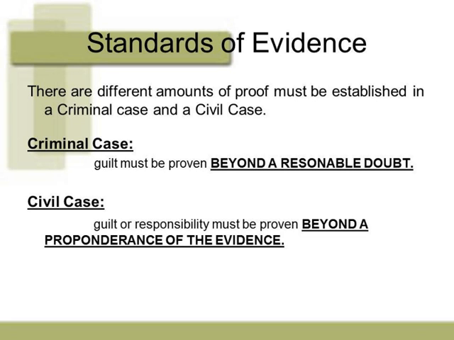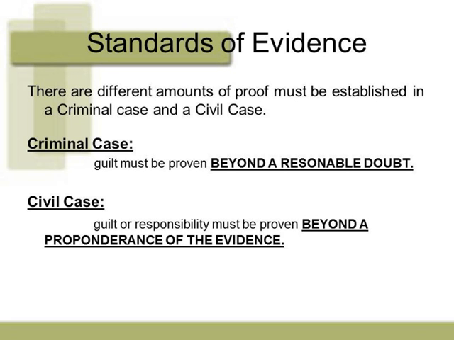If less than 50% of the evidence shows I did it, then I'm supposed to be found not responsible. But if there's one more piece of evidence showing that I probably did it than that I didn't, then I'm supposed to be found responsible.